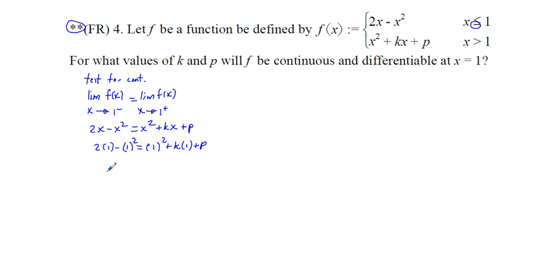Simplifying, on the left side we have 2 minus 1 equals 1 plus k plus p, so 1 equals 1 plus k plus p. If we subtract 1 from both sides, we have 0 is equal to k plus p. Now we don't know what k and p are because we have one equation and 2 unknowns.